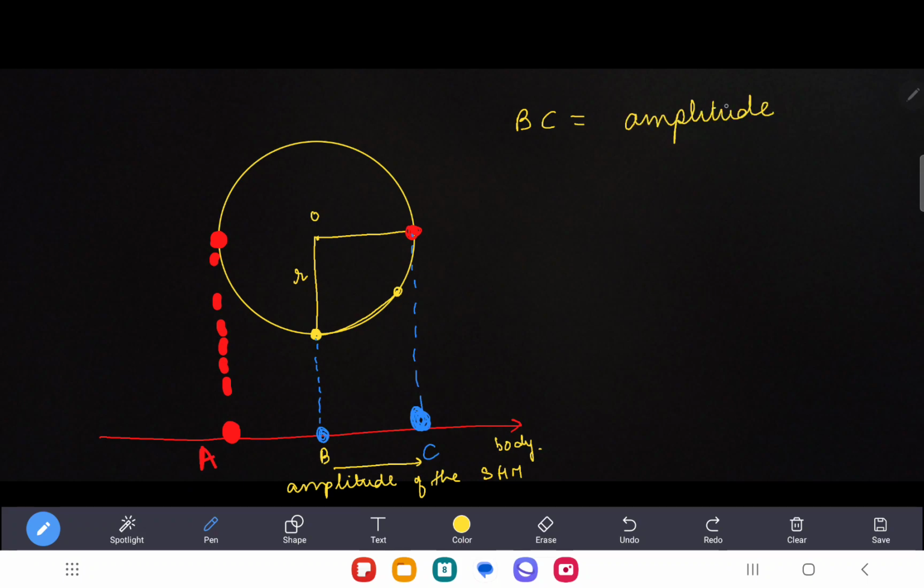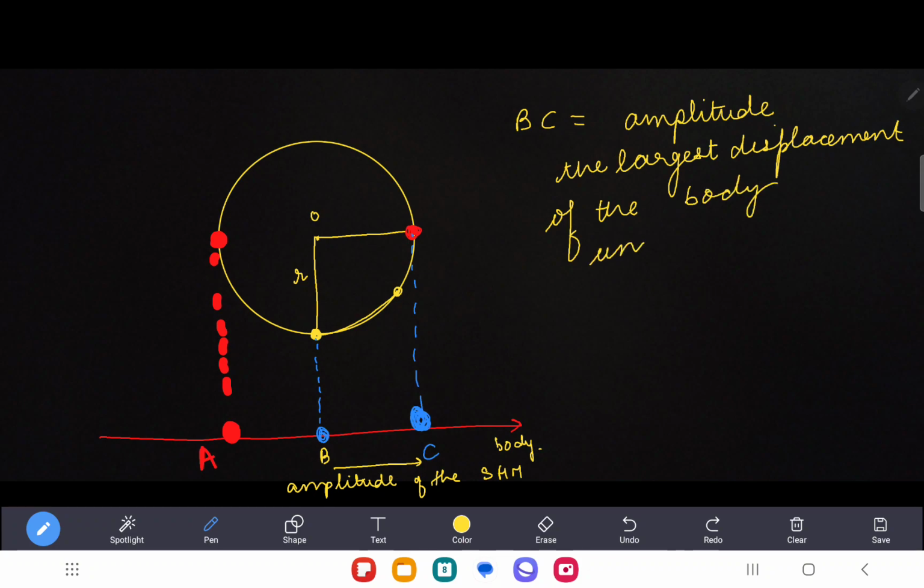And how do you define amplitude? The largest displacement of the body undergoing SHM from its mean position. You understand?